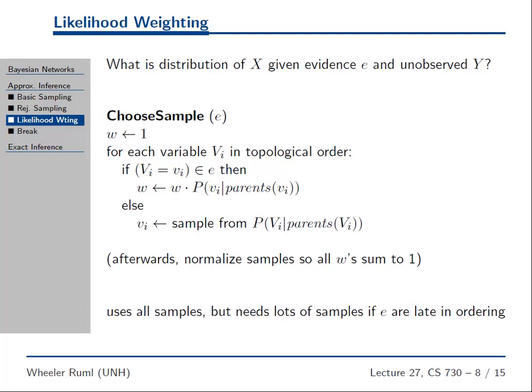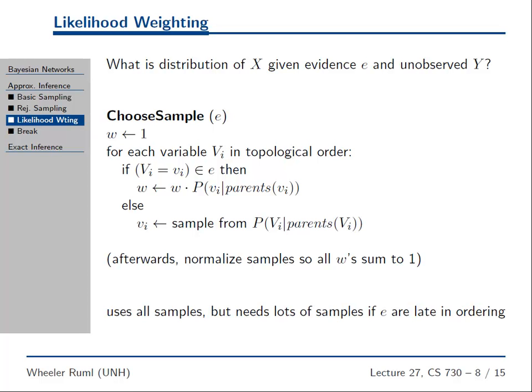In order to have a good estimate, the question is, how quickly does this estimate converge to the true probability distribution for the variable we're interested in? We can use every sample, but we may have a very biased selection.